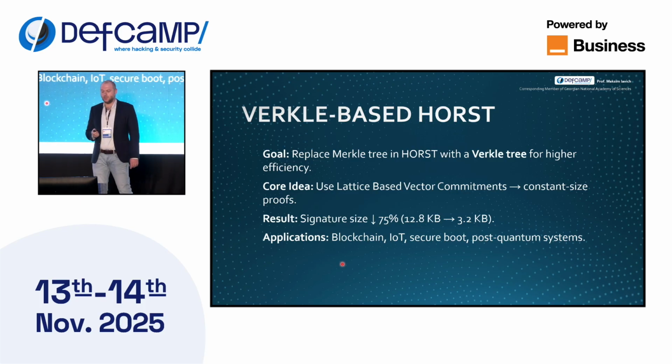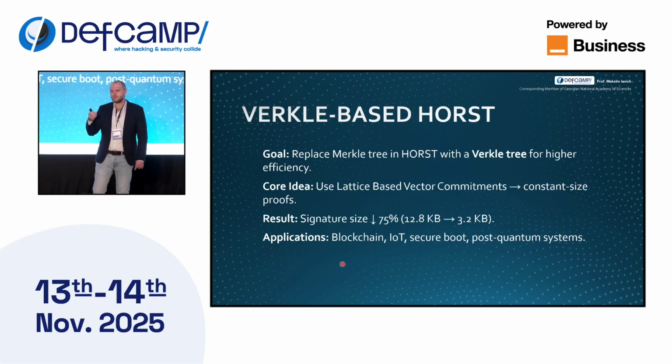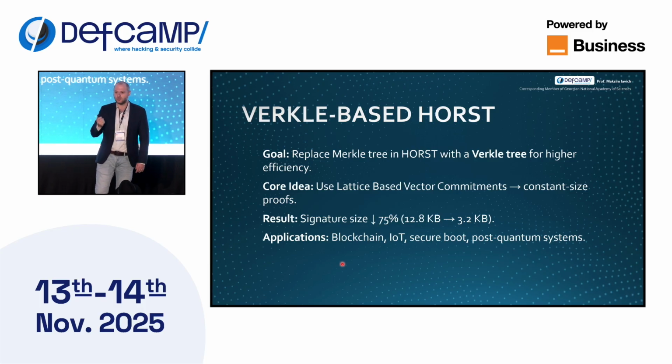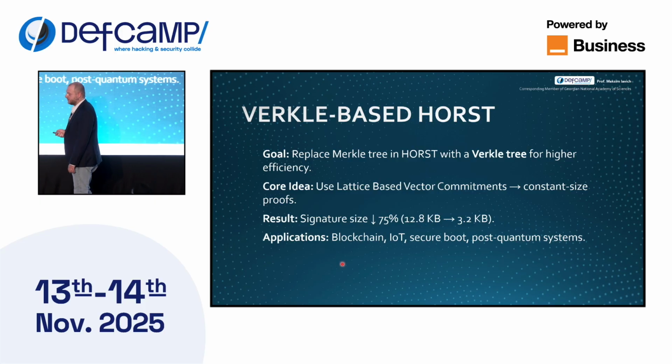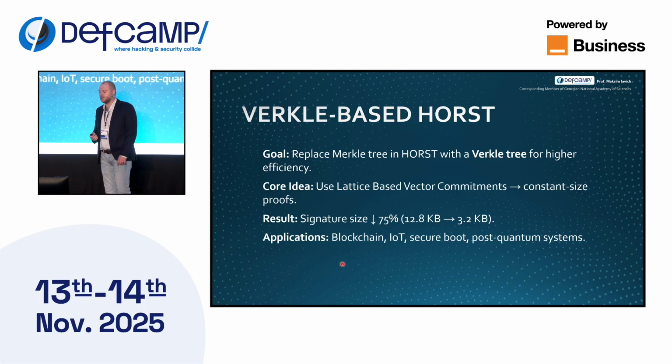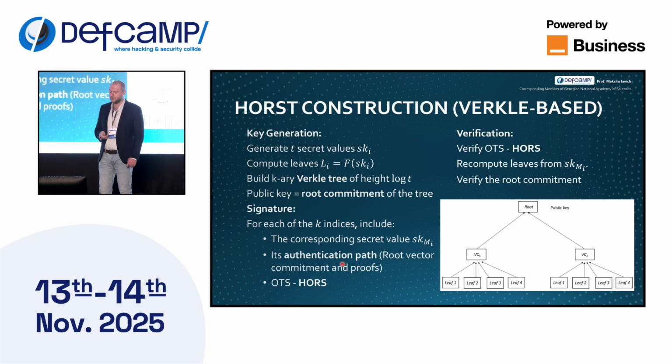What do we offer? We offer to use a Verkle tree instead of a Merkle tree. We integrate HORST into the Verkle tree, and we decrease the signature size by 75%. So how does it work?